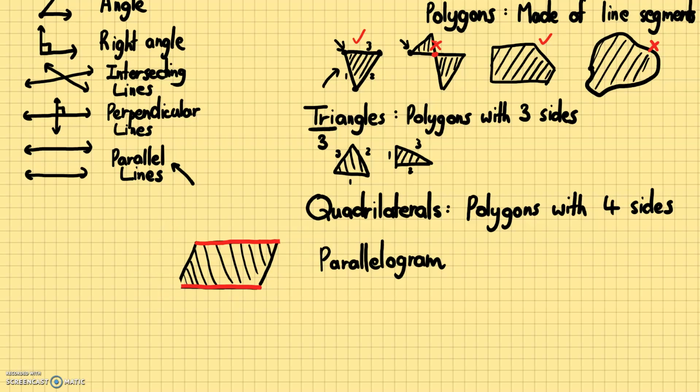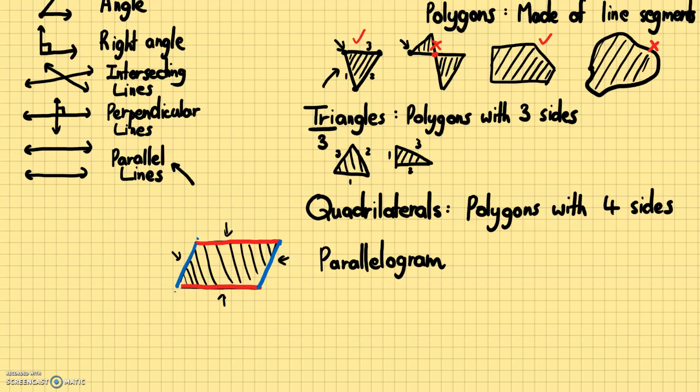And the same thing can be said with the other pair, the blue sides. If you extend them, the blue sides are never going to touch each other. So this is what we mean by parallelogram. The two pairs of sides are parallel to each other. The blue is parallel with the blue, and the red is parallel with the red.